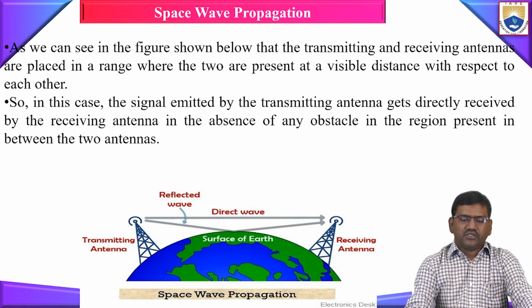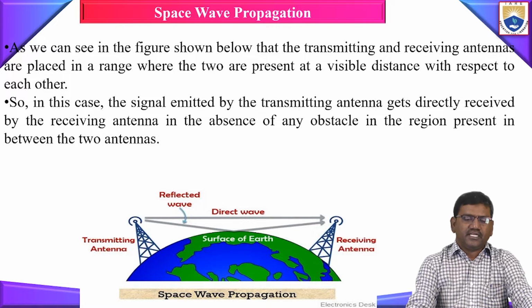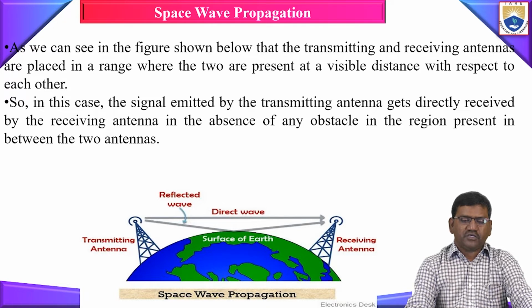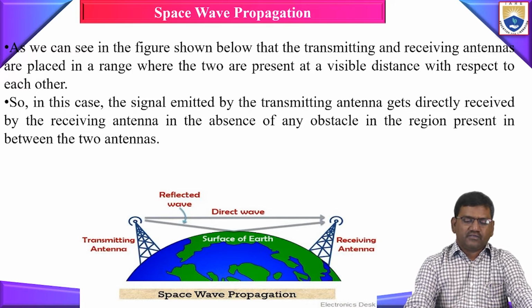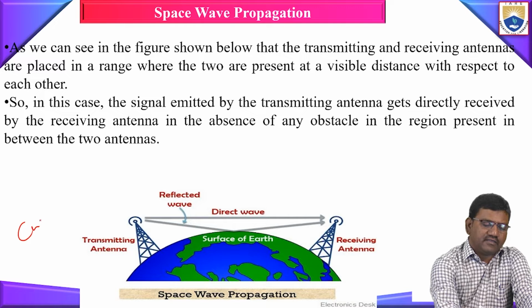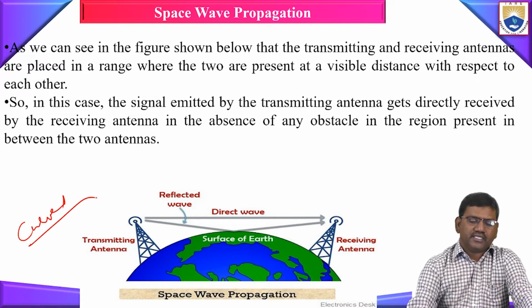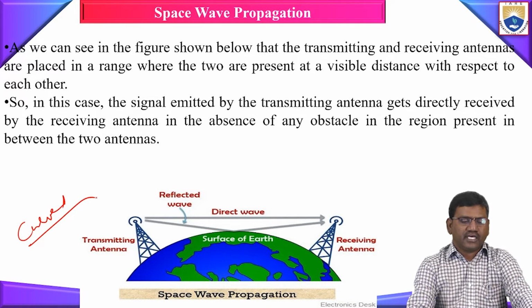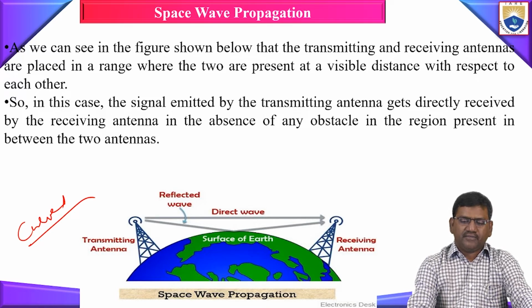As we can see in the figure shown below, the transmitting and the receiving antennas are placed in a range where the two are at a visible distance with respect to each other. The surface of the earth is curved here, and we are locating the transmitting antenna and the receiving antenna on the curved surface of the earth. The signal emitted by the transmitting antenna gets directly received by the receiving antenna.